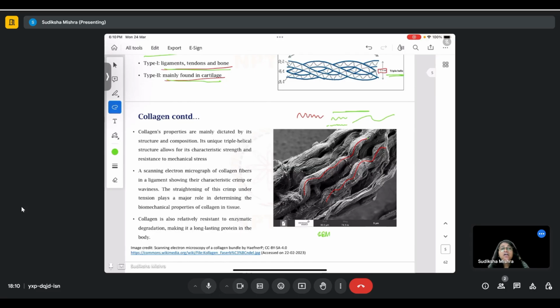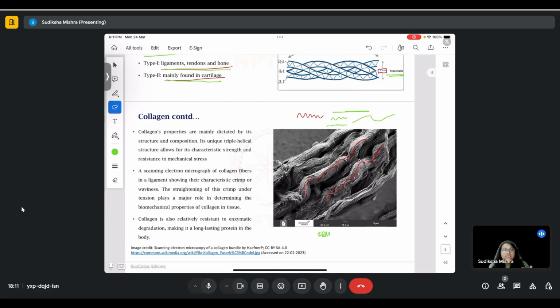It might have a very small crimp, but it has a waviness to it nonetheless. What happens during load bearing or under tension is that this crimp or waviness gets straightened out, and depending on what stage it is in, the biomechanical properties of the collagen tissue will be different.